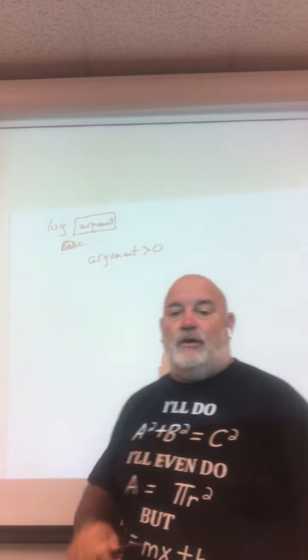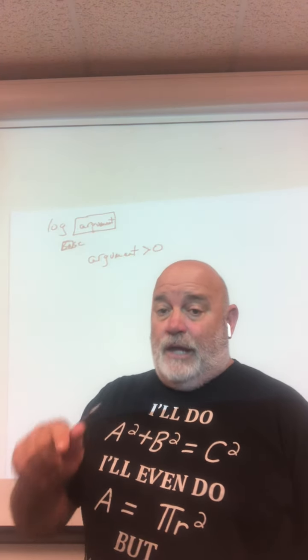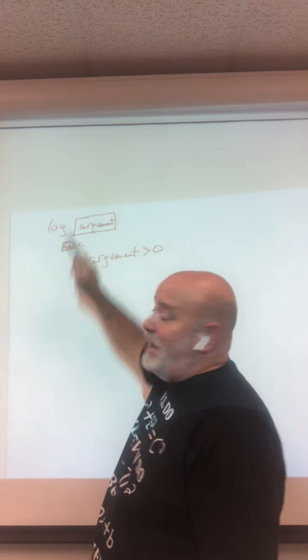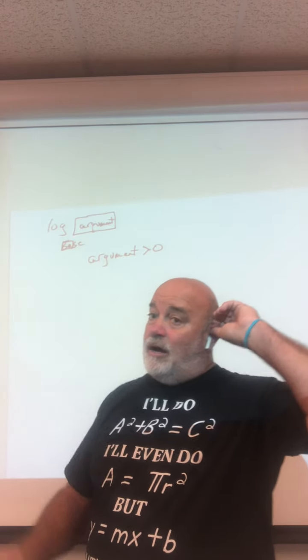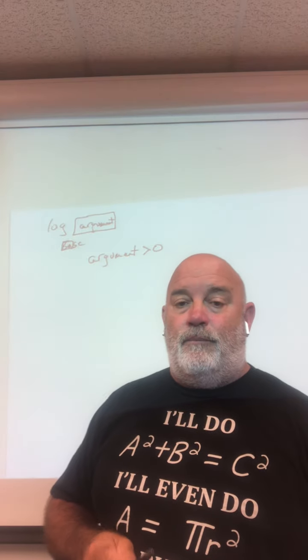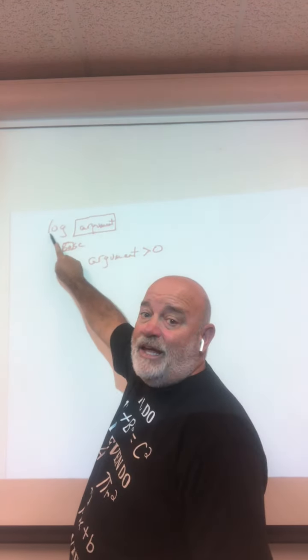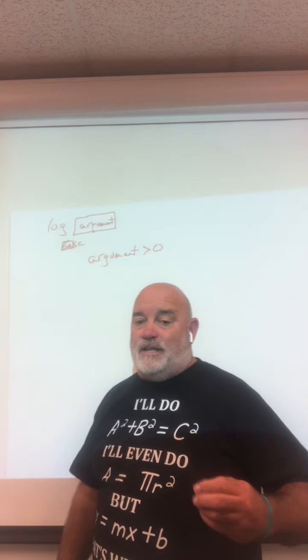If you don't believe that, take your calculator, if you've still got it in your hand, punch in the log of 0, hit your equal key, and it'll give you an error. The argument can't be negative. You don't believe me? Take your calculator, take the log of -5, and hit your equal key, and it will give you an error. So this number right here, your argument, what you're taking the log of, has to always be a positive number.